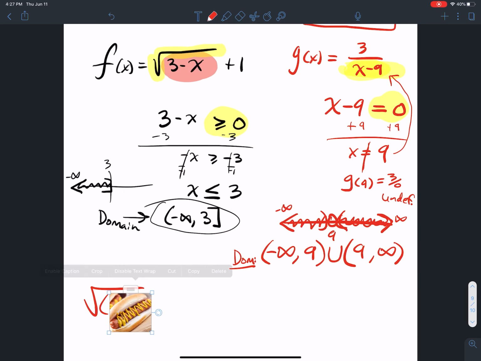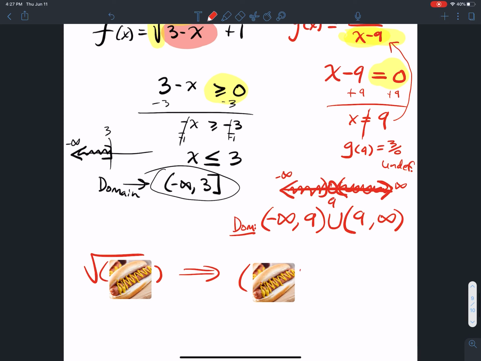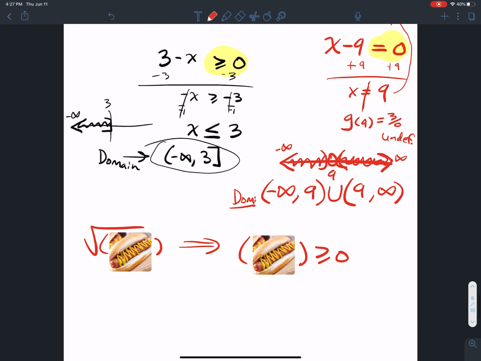I don't care. Square root of hot dog. How do I solve it? I take the hot dog and I set it greater than or equal to 0.